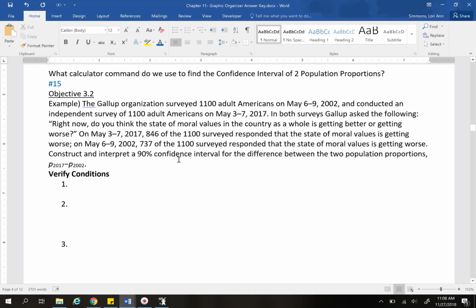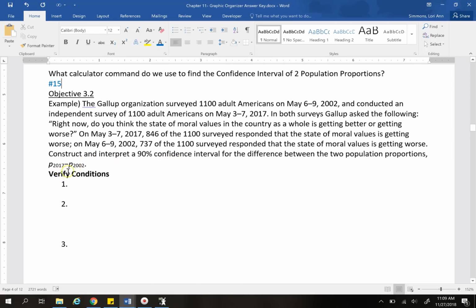On May 3rd through the 7th, 2017, 846 of the 1,100 surveyed responded that the state of moral values is getting worse. On May 6th to the 9th, 2002, 737 of the 1,100 surveyed responded that the state of moral values is getting worse. Construct and interpret a 90% confidence interval for the difference between the two population proportions.